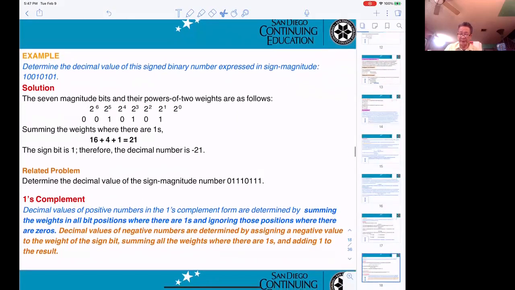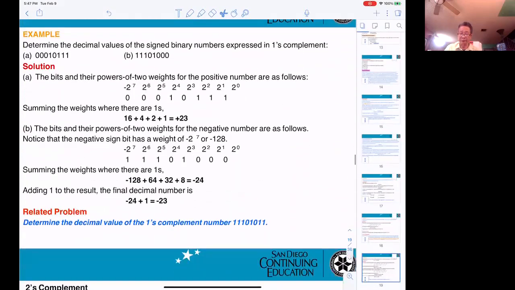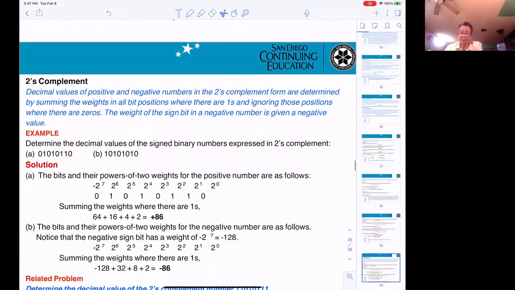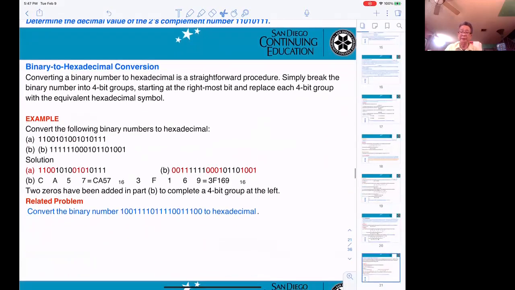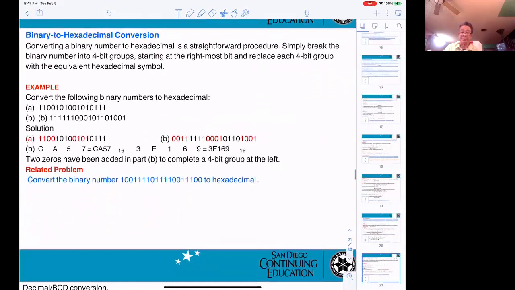Okay, let's see. What else? Okay, this you guys will really need: binary to hexadecimal conversion. This one will be applied a lot of the time, okay? Converting a binary number to hexadecimal is a straightforward procedure.